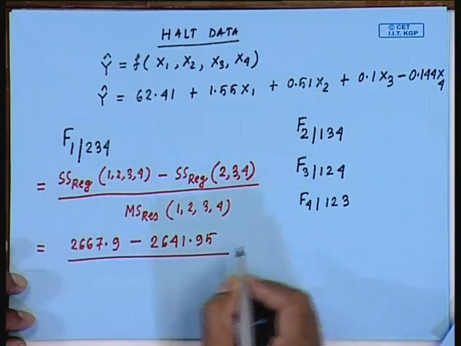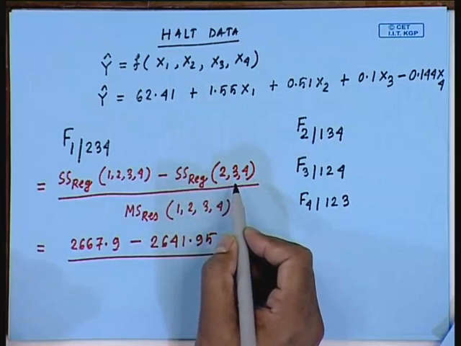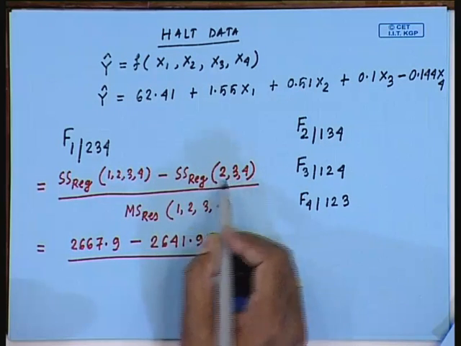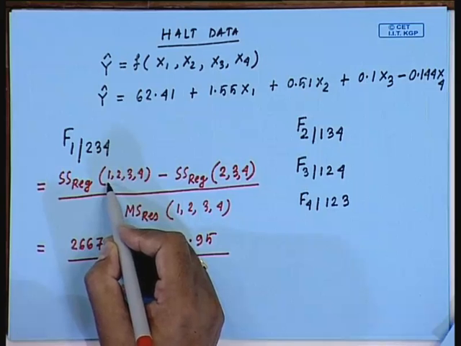Now, this difference is the extra sum of squares due to x1.